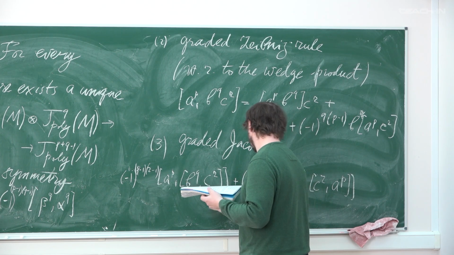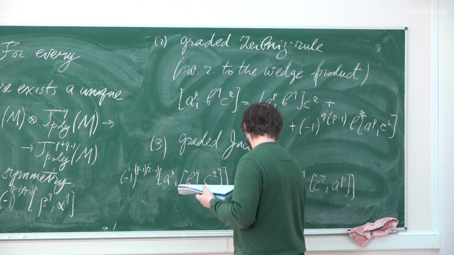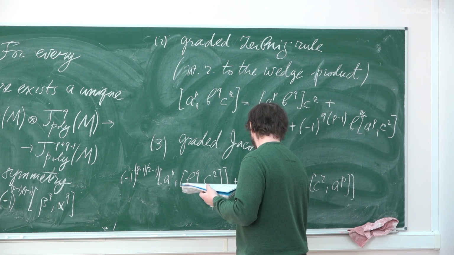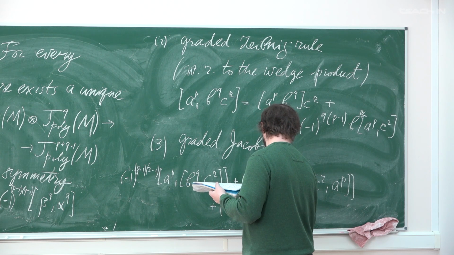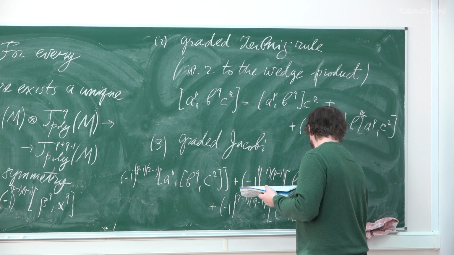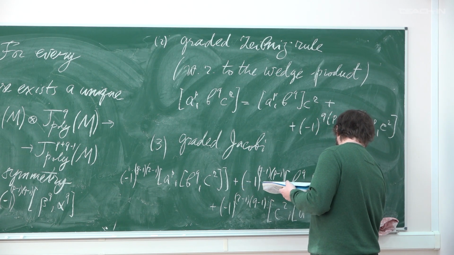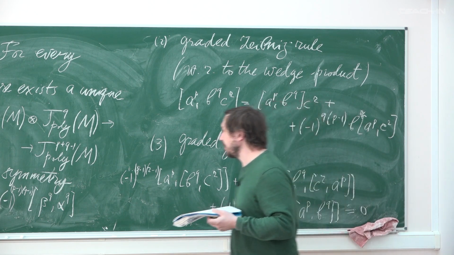And finally, (-1) to the power (r - 1)(q - 1), [C, [A, B]]. And that should be equal to 0. So these are the three conditions.